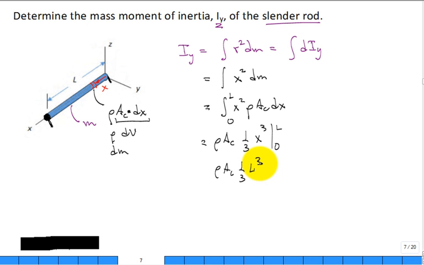All right. If I take one of those L's and say, okay, 1/3 L squared times rho A sub C L, what is that equal to? My mass.